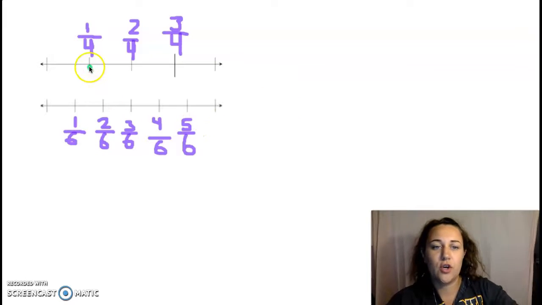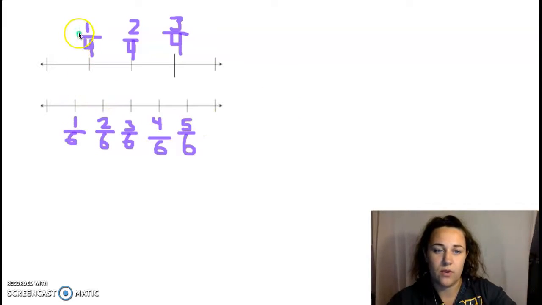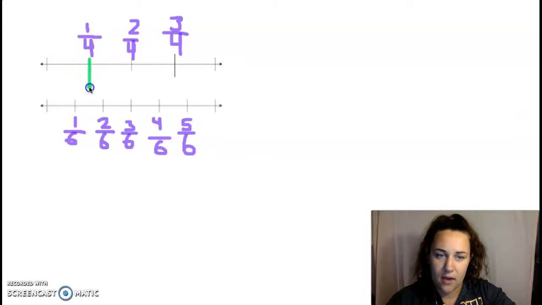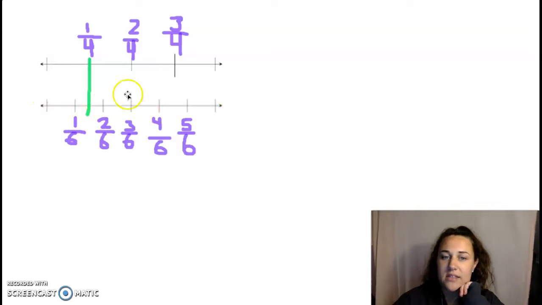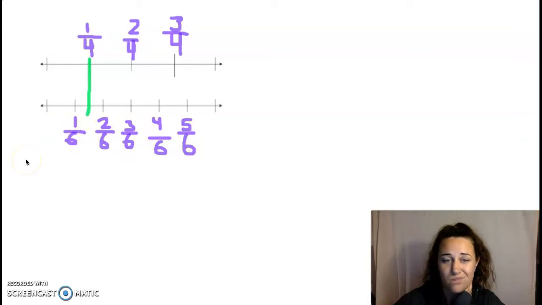Okay, so if I go to my first one, let's start with 1/4. And I draw that line straight down. Does it line up to any of the lines that are already on this number line? Is it equal with any of these fractions? No, I have 1/6 here and 2/6 here. So it's not.